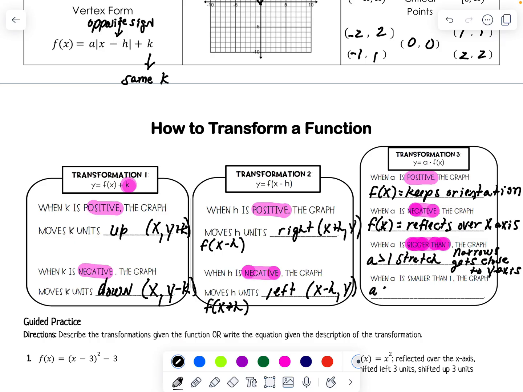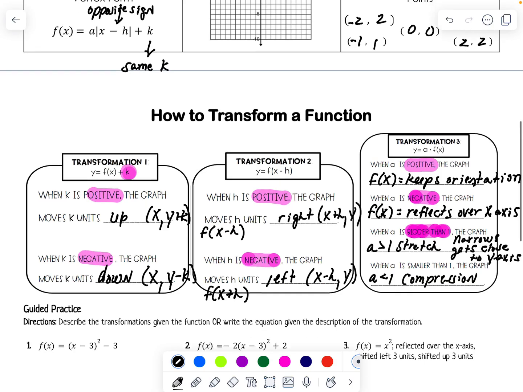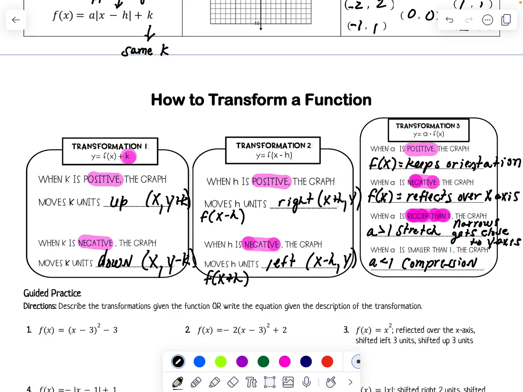And when a is less than 1, but a is greater than 0, it's called a compression, and it means that it widens.